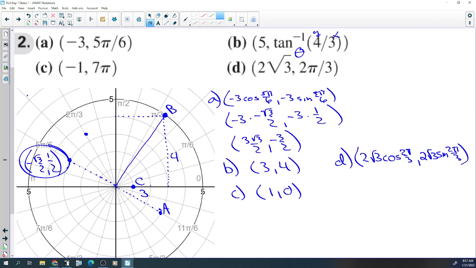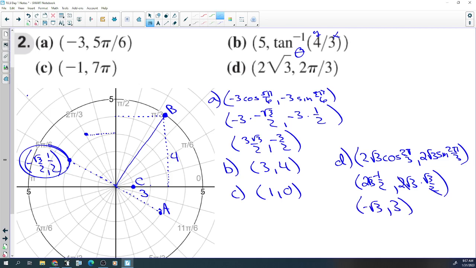Cosine of 2 pi over 3 is -1/2, so 2 times -1/2, and oh, that's square root of 3, and then 2 square root of 3 times square root of 3 over 2. So negative square root of 3, and let's see, the 2's cancel out, 3. So this y coordinate, that's fairly close.